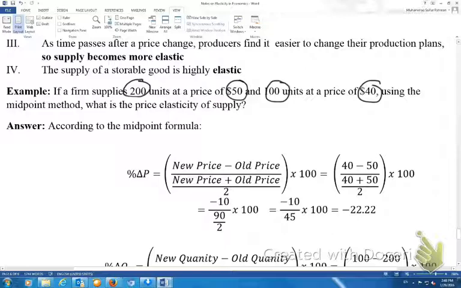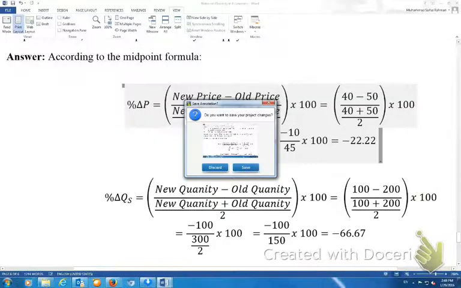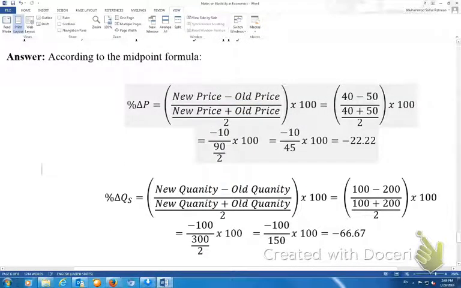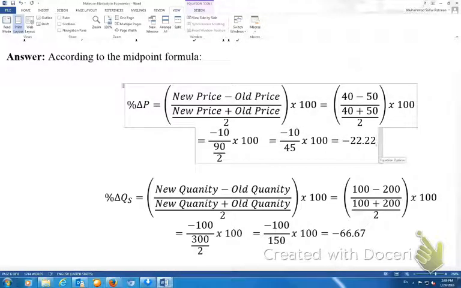Then if that is the case, we can calculate percentage change in price by using the midpoint formula, just like you are seeing. So once you plug in the numbers, you will see that the percentage change in price is minus 22.20. If you plug the numbers, you will see that the percentage change in quantity supplied is also a negative number, minus 66.67.